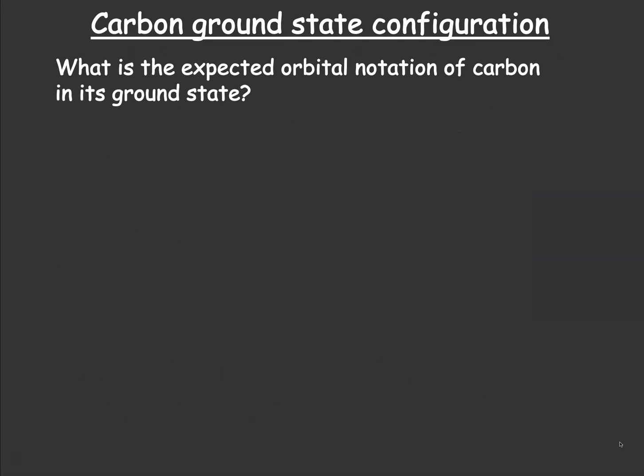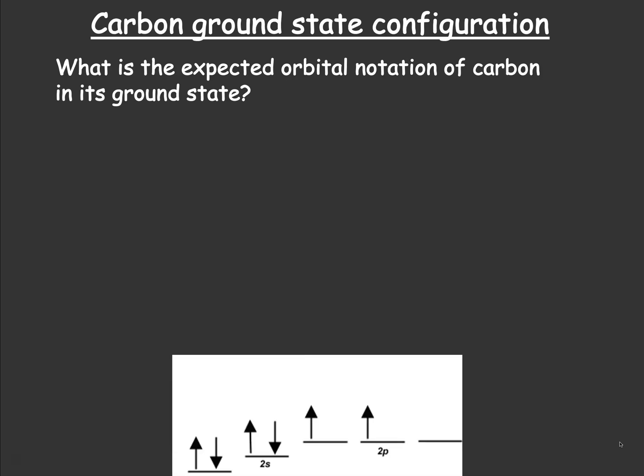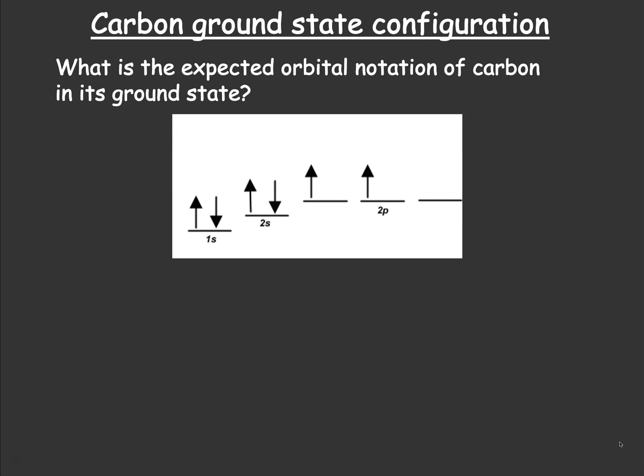So if we look at carbon's ground state configuration, we get this. And hopefully we all agree this is what we should get based on its electron configuration, and here as an orbital diagram. But hopefully we can see a problem with what's going on. Because originally we saw methane with 4 bonds.